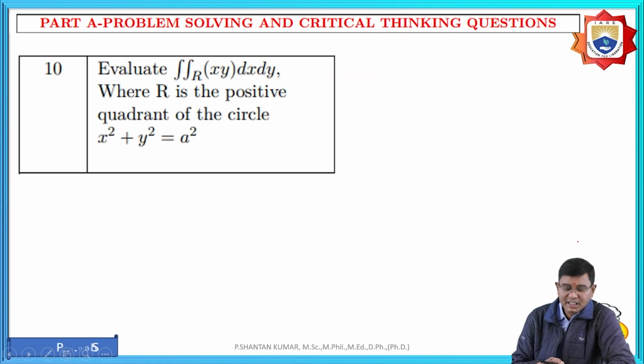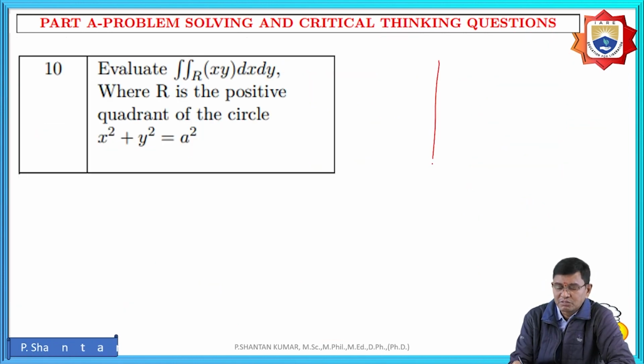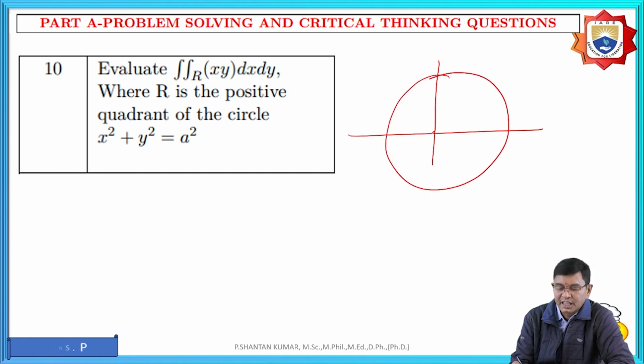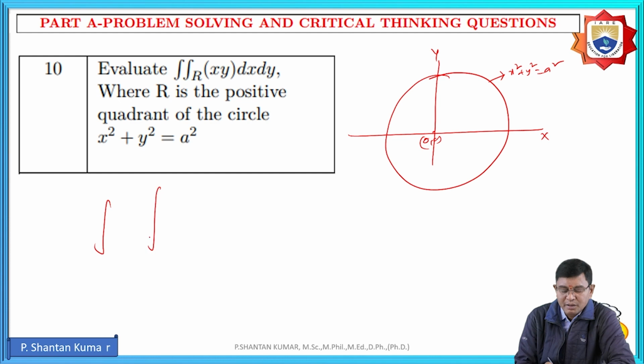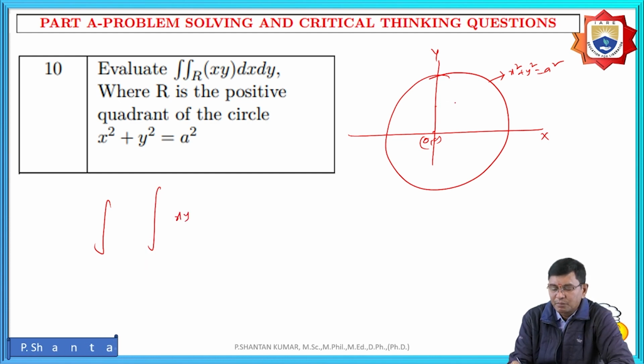And next one is also based upon the same positive quadrant. The condition is 0 comma 0, x axis and y axis, x square plus y square is equal to a square. It is also under the Cartesian coordinates. We need to take the conditions under the double integration of xy.